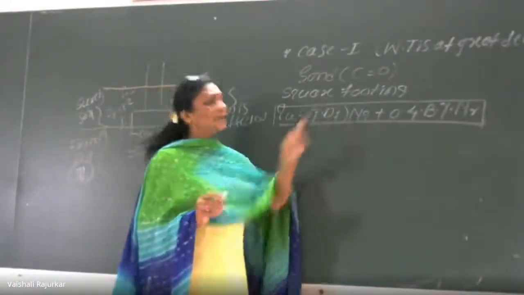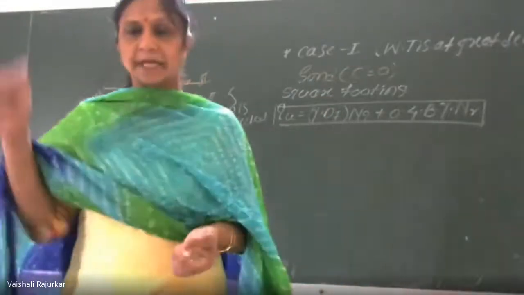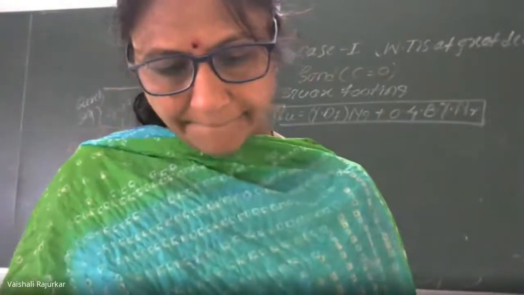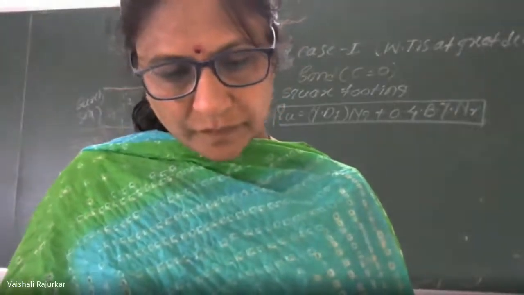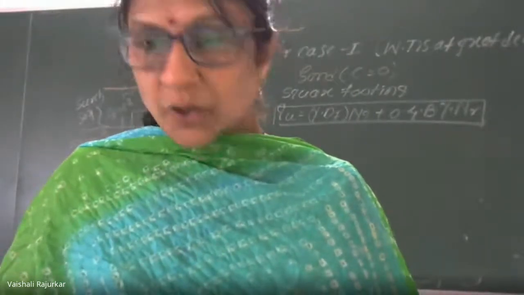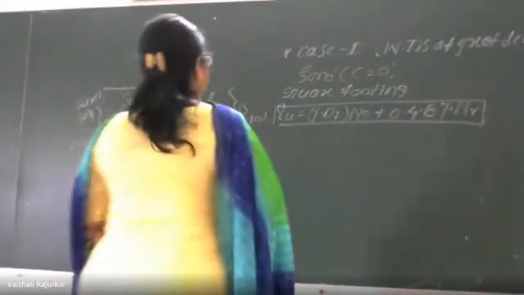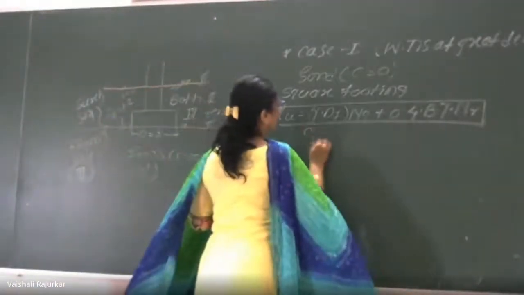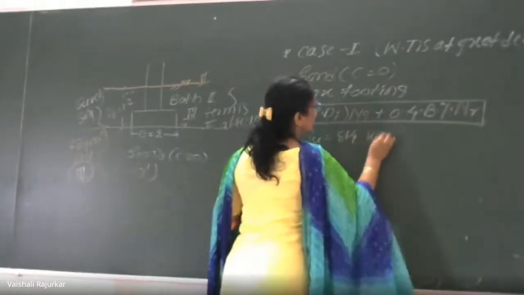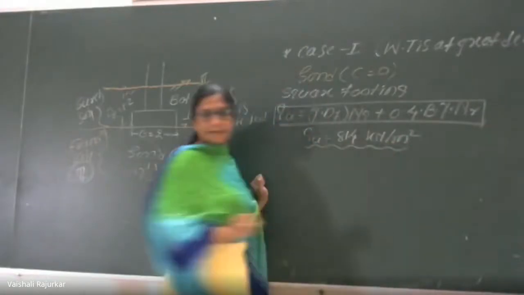Just calculate it. So it is found to be 814 kilonewton per meter square. Is it?